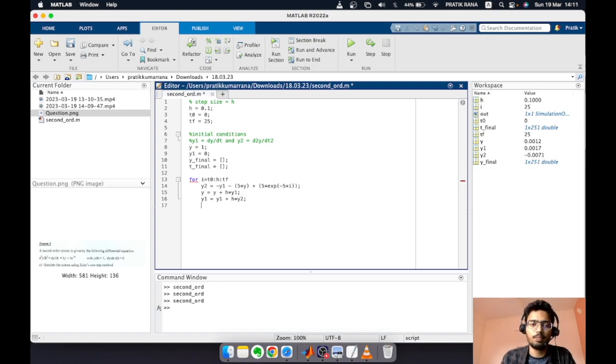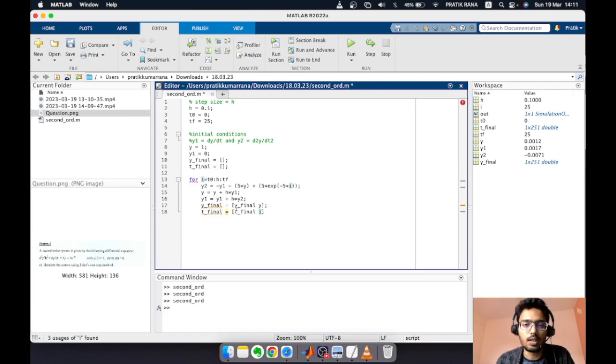So next, when we obtain the value of y here in each iteration, this should be stored in an array which we previously defined as y final, being an empty array. We'll populate it using the values of y obtained in each iteration. So y final will be y final appended with y, and then t final, which is empty in the starting, will be appended with each time step, which is taken care of by I in our case.